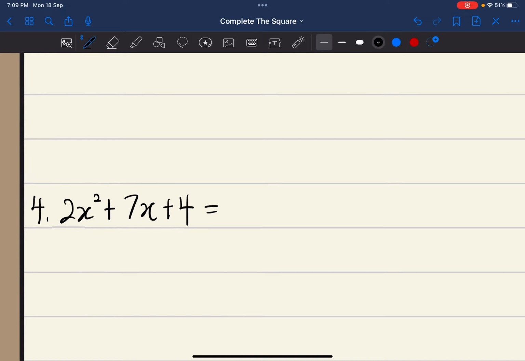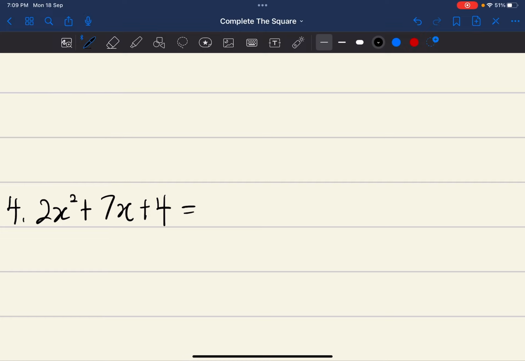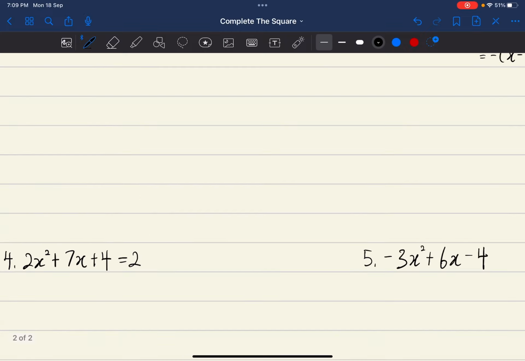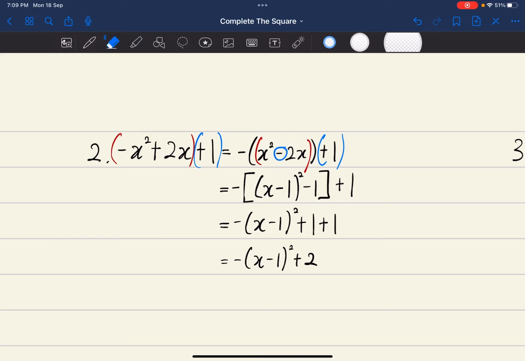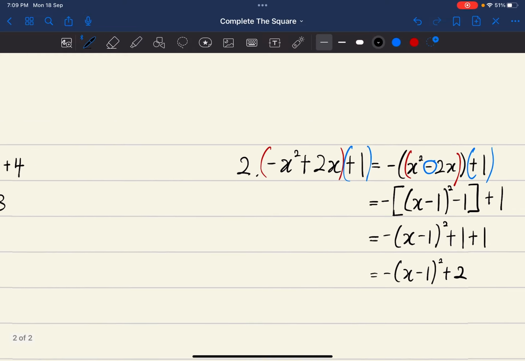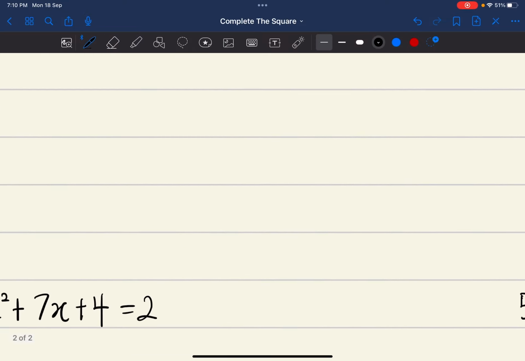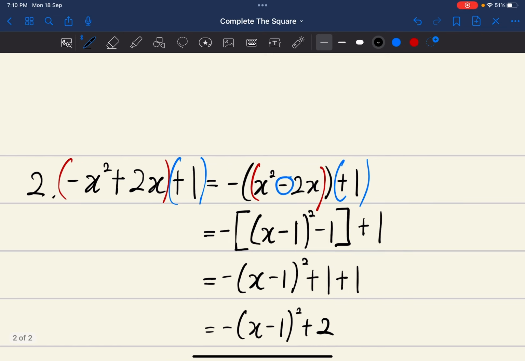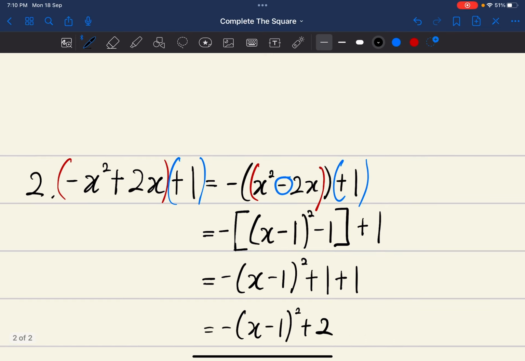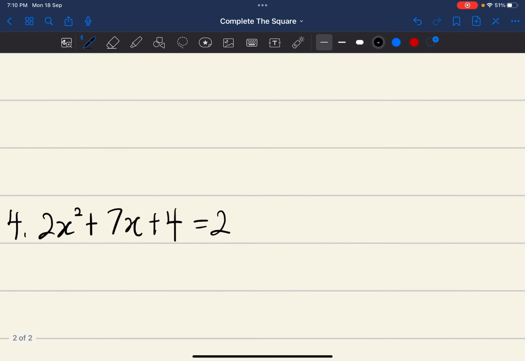So using the same technique as question 2, we would write 2 outside, like as you can see right here. We're not rewriting the negative outside this time. We're instead just going to write 2 outside and write it as this.